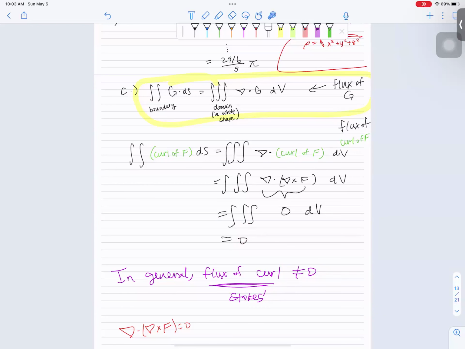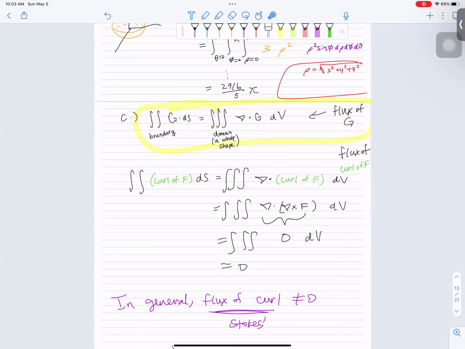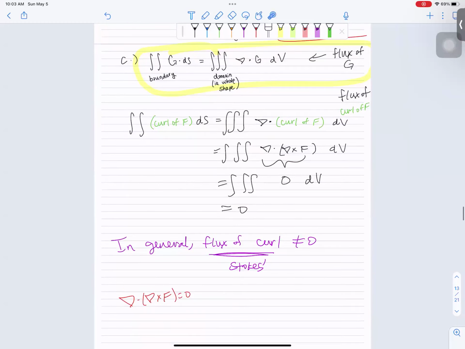The only reason we get 0 here is because this sphere is closed. Closed is the important part. For Stokes, you don't need a closed thing. It's usually some surface living in 3D. Stokes has no closed shape.